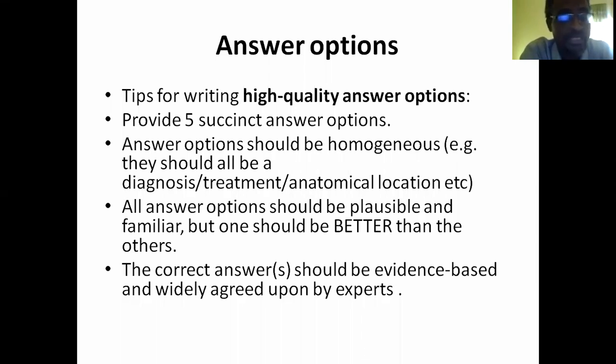So the one best answers are usually revised in a meeting in the department. Every department will revise the one best answer questions one by one, usually, and they will say this question is good, the answer is acceptable, and so on. They will accept, and they will determine the pass mark of this question.